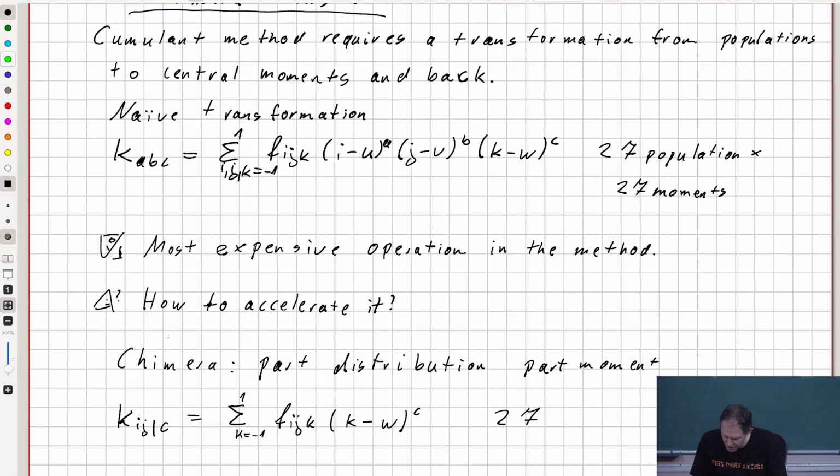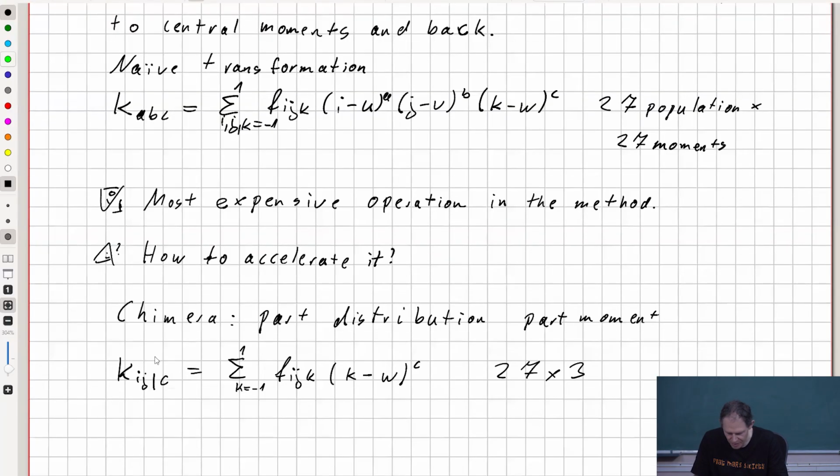And now there are actually 27 populations that you have to do this with, but there are three of the moment, so c is 0, 1, 2, right?